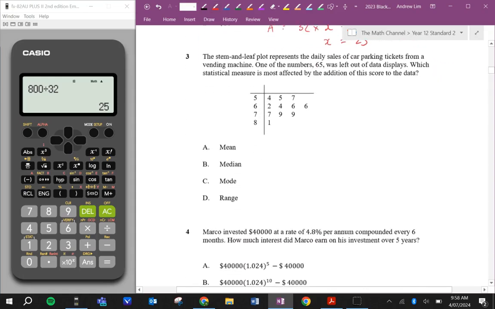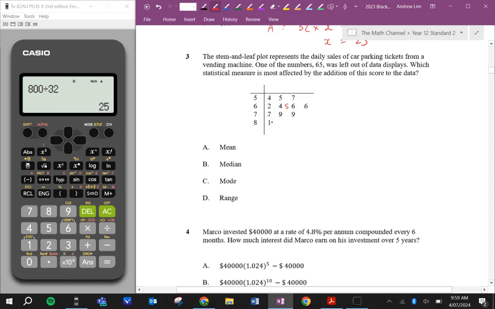Question 3. The stem and leaf plot represents the daily sales of car parking tickets from a vending machine. One of the numbers, 65, was left out of the data display. Which statistical measure is most affected by the addition of this score to the data? So 65 would be over here. So 1, 2, 3, 4, 5, 6, 7, 8, 9, 10, 11.